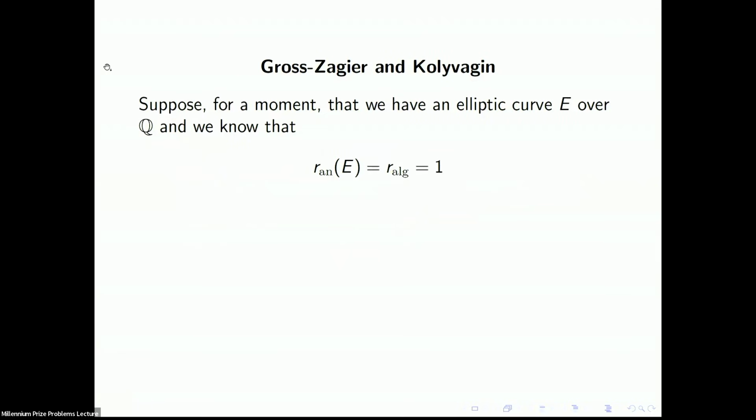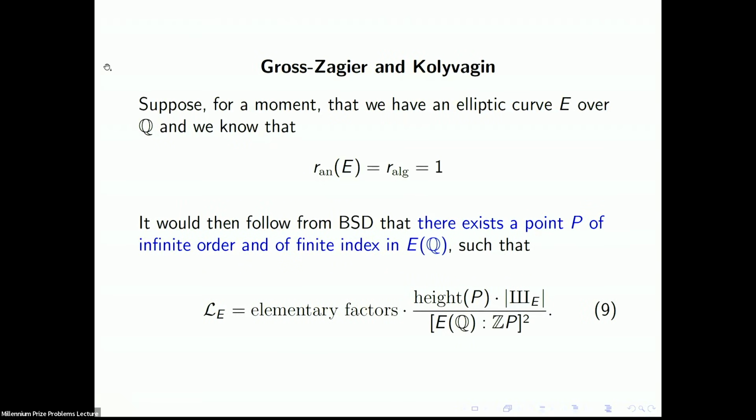So suppose we know the rank equals multiplicity conjecture, and that both algebraic rank and analytic rank are equal to 1. Suppose we know all that. Then it would follow from BSD that there is a point. After all, if the algebraic rank is 1, the group of rational points over Q is just Z plus a finite group.